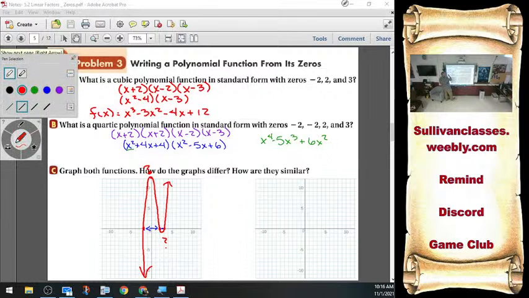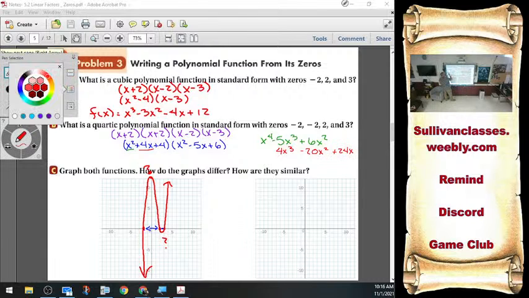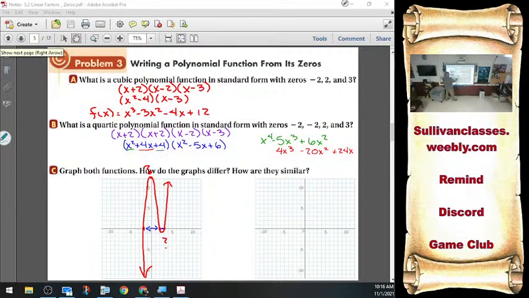If I take 4x times that stuff, I've got 4x to the third minus 20x squared plus 24x. If I take 4 times that stuff, I get 4x squared minus 20x plus 24.